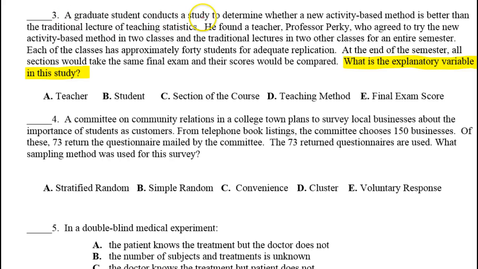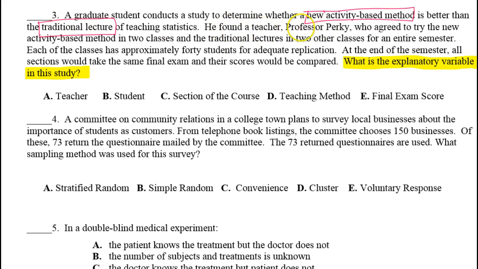A graduate student conducts a survey to determine whether a new activity-based method, okay, so we've got a new activity-based method, is better than the traditional lecture. Okay, so that's what they're studying.